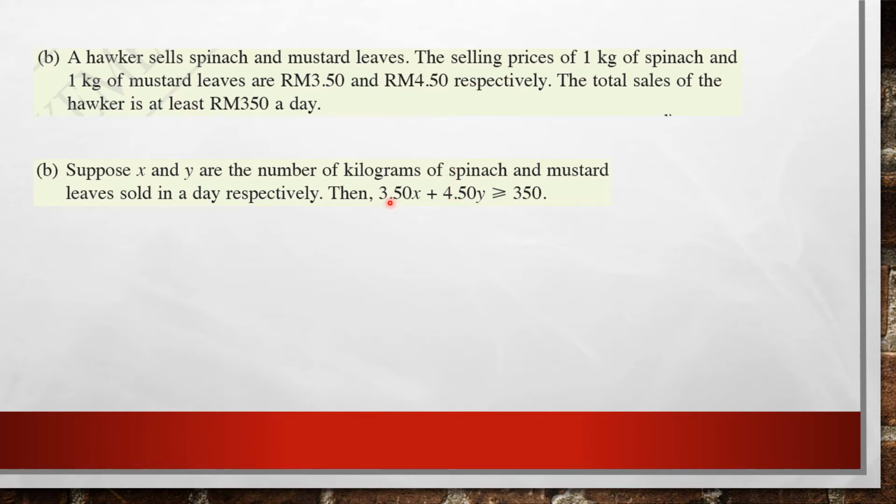So what you can do: 3.50, which represents 3 ringgit 50 cent, times x, plus 4.50, which represents 4 ringgit 50 cent, times y, greater than or equal to, because they said at least. At least means it should be more than 350 ringgit. So greater than or equal to 350.